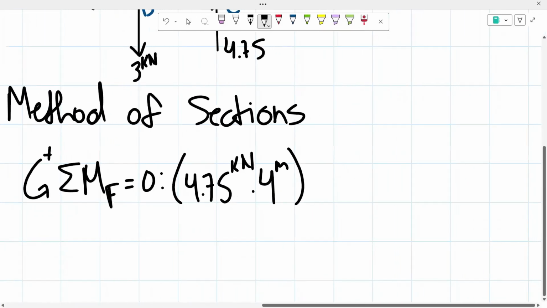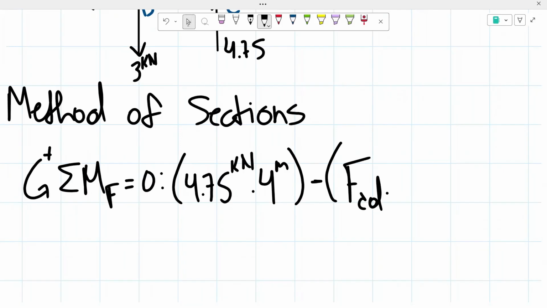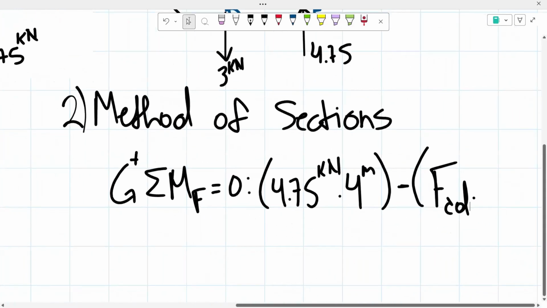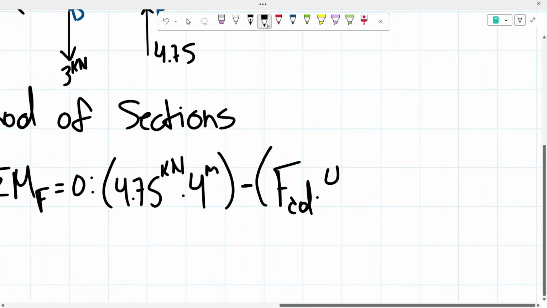So we have a negative moment of a force, and we're trying to determine that force. So force CD times a distance of 4 meters as well, so times 4 meters equals 0.